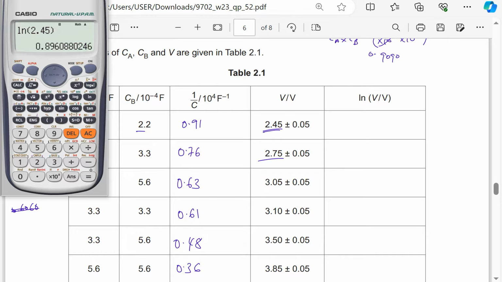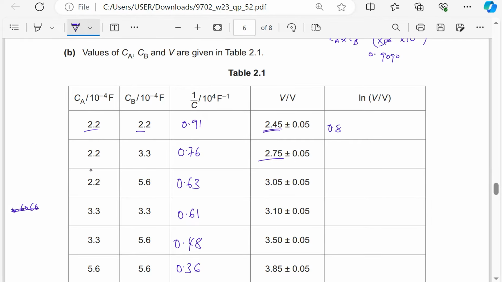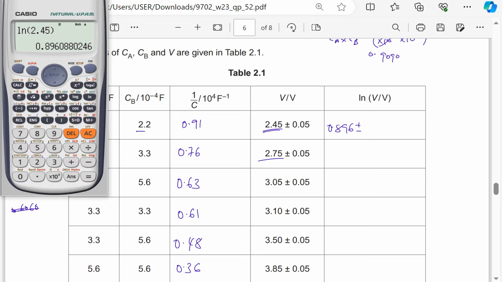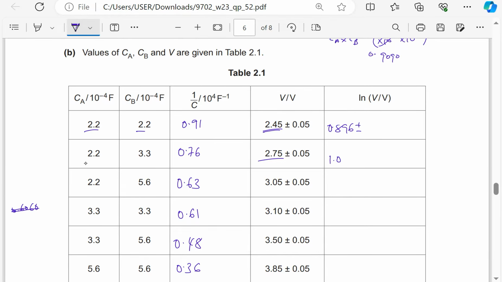So this gives us 0.896, plus or minus. So ln of 2.75 is 1.012 plus or minus.